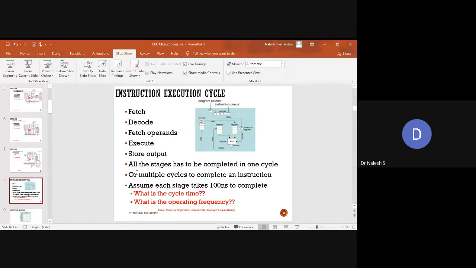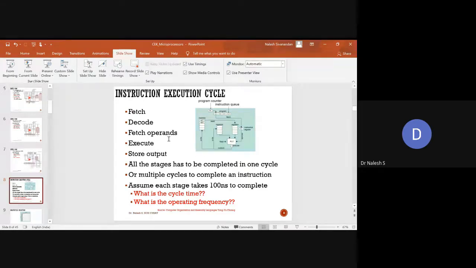So what is the difference between these two? Let's do one exercise. Let's assume each of these stages takes 100 nanoseconds to complete. So what will be the execution time for one instruction then?